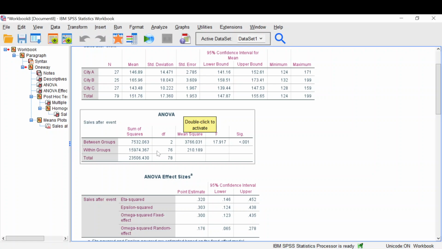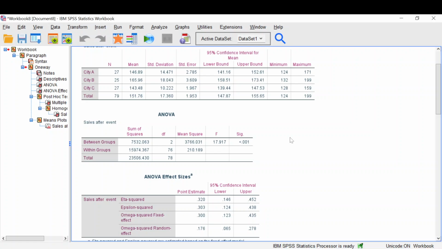Okay. So in this case, we have 2 degrees of freedom between groups, a mean square of 3766.031, our F statistic, and our significance level. So looking at our significance level, we can confirm that there is a statistically significant difference among the 3 cities regarding their means, and that difference is represented here in the F value of 17.917 with 2 degrees of freedom.